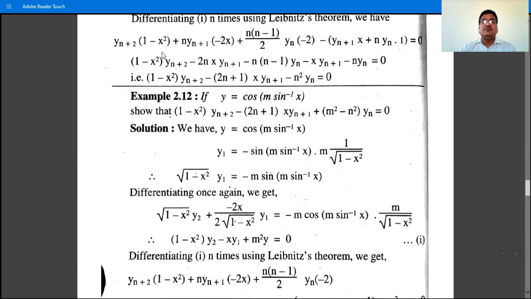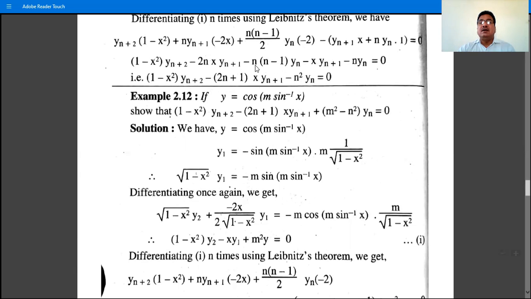Then collect the terms: out of the y_{n+1} terms, take x y_{n+1} and the negative sign as common, so we have (2n plus 1) in bracket. And out of the y_n terms, take y_n and the negative sign as common. So this term is n square minus n, and this plus n gets cancelled.